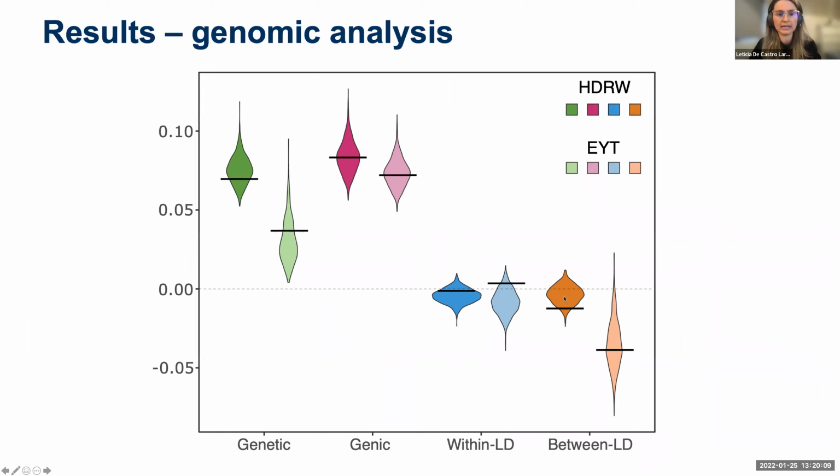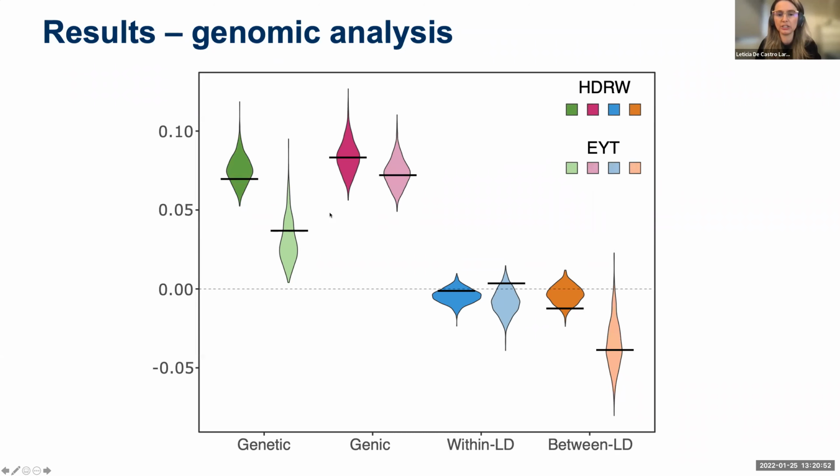About the genomic analysis, here we performed the genomic analysis partitioning again the genetic variance into genic, within-chromosome linkage disequilibrium, and between-chromosome linkage disequilibrium. And again, the posterior distribution matched the true value in this black line nicely. We can see that the variance dropped between the early stage of hetero in dark colors to the late stage of elite white trials. Remember, between these stages we were performing selection.